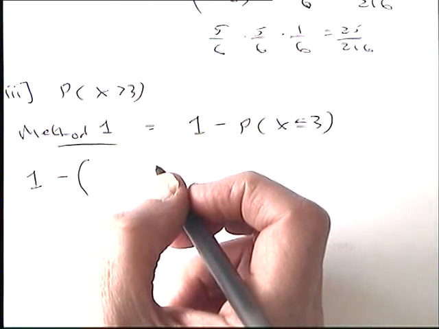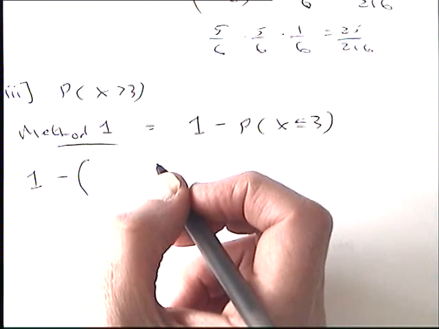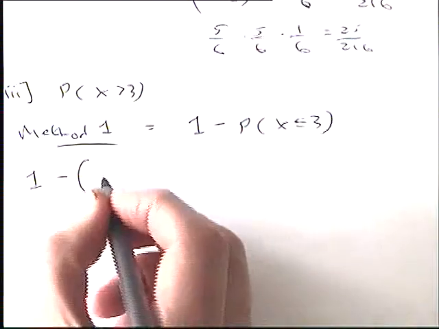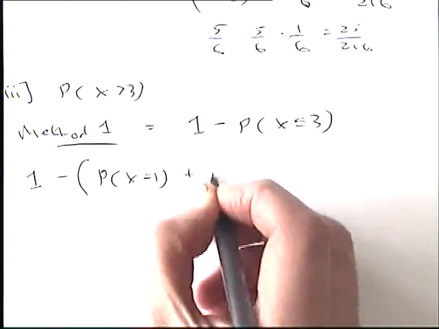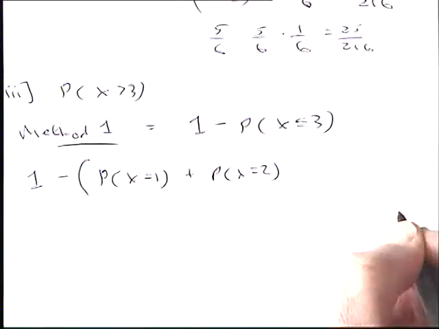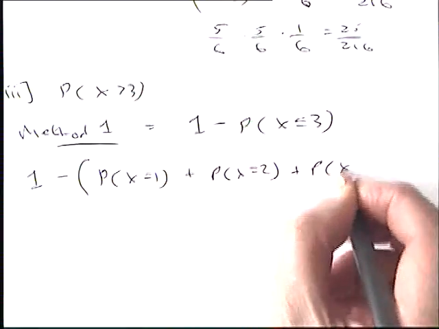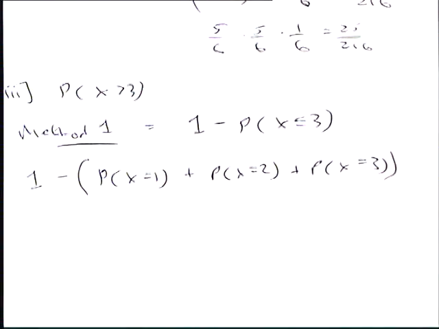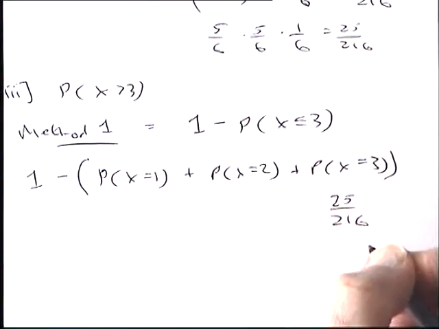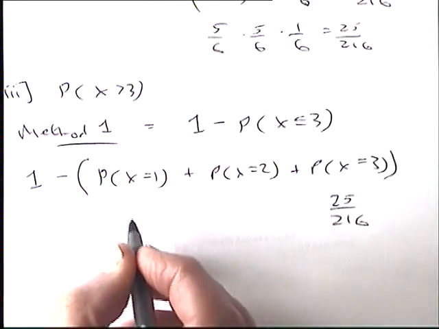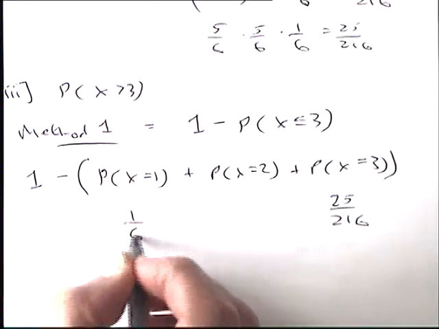You can't have probability X is 0 if you're geometric. You can't get a 6 on your 0th throw. So we can have the probability X is 1, which we've already worked out, the probability X is 2, which we haven't worked out, and the probability X is 3, which we have already worked out. We worked out this one a minute ago, it was 25 over 216. The 1 we worked out in part 1 of the question was 1/6.